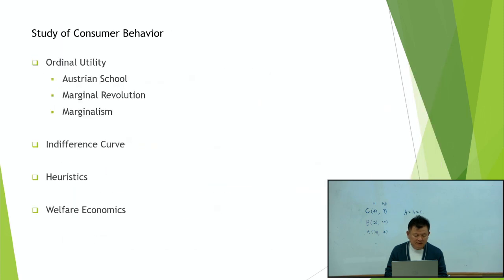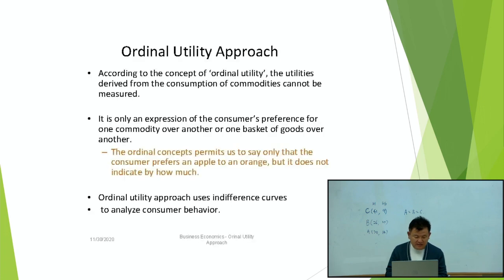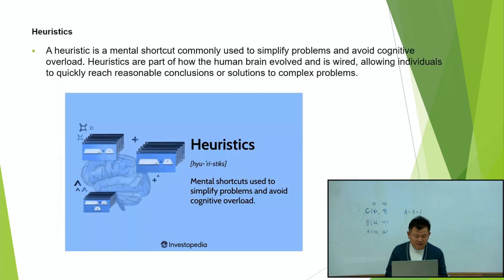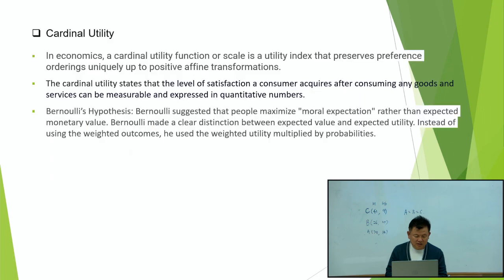Okay, that's it. How do we approach consumer behavior? Ordinal utility first, okay? And next, second, usually we say cardinal utility.